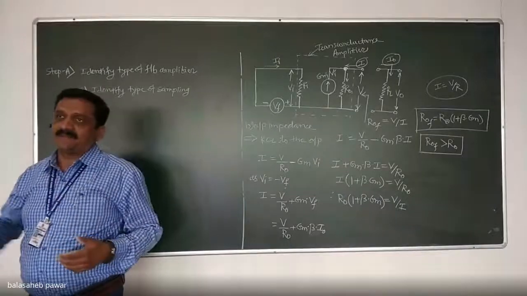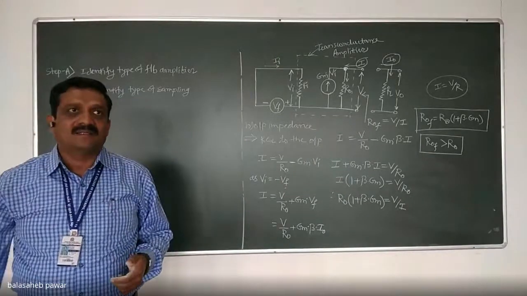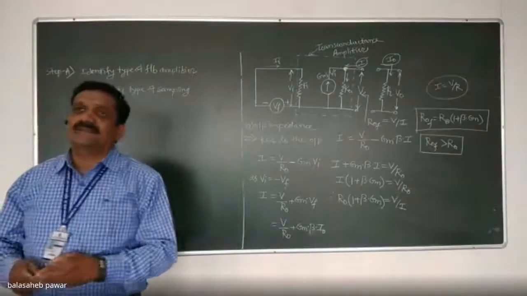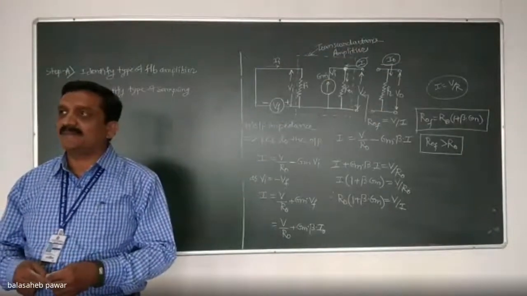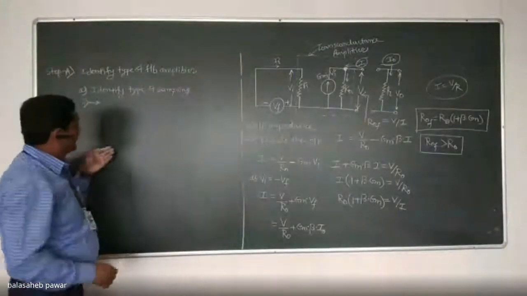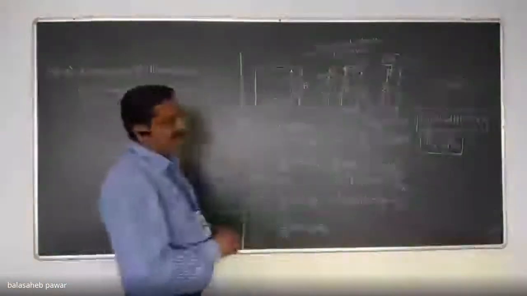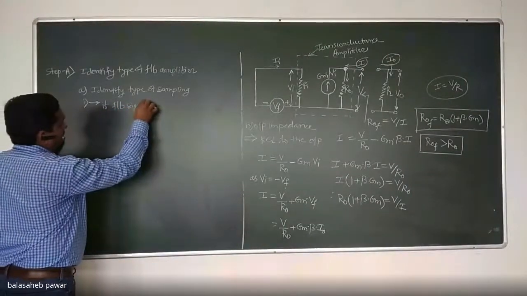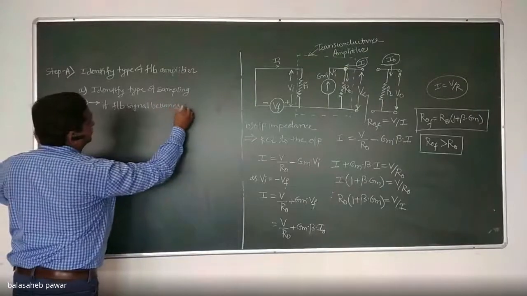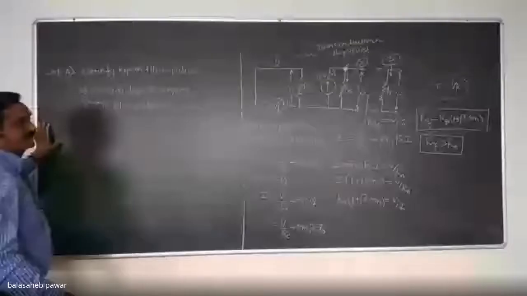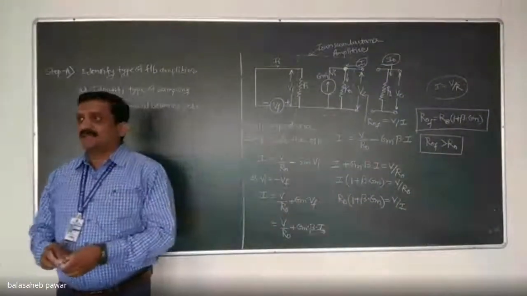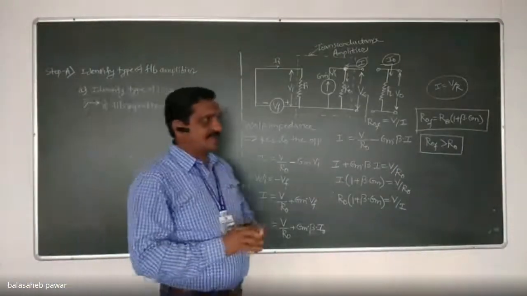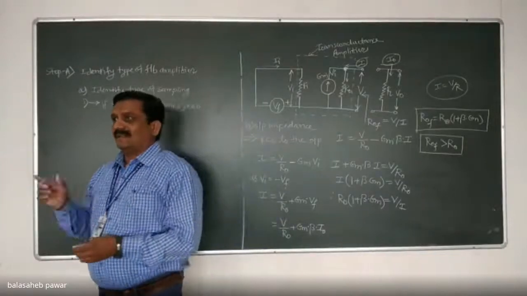If I short the output of the given amplifier circuit, that is by making the output voltage equal to 0, and the feedback signal becomes 0, I will show you when we analyze the actual circuit, whenever we solve the numericals. In that, I will show you all these steps, how to verify.